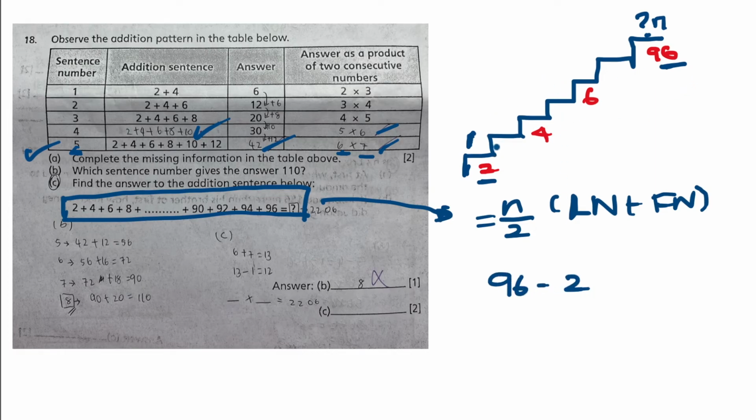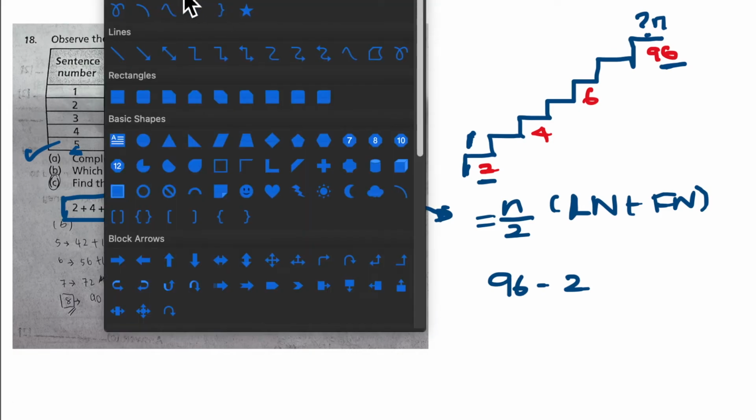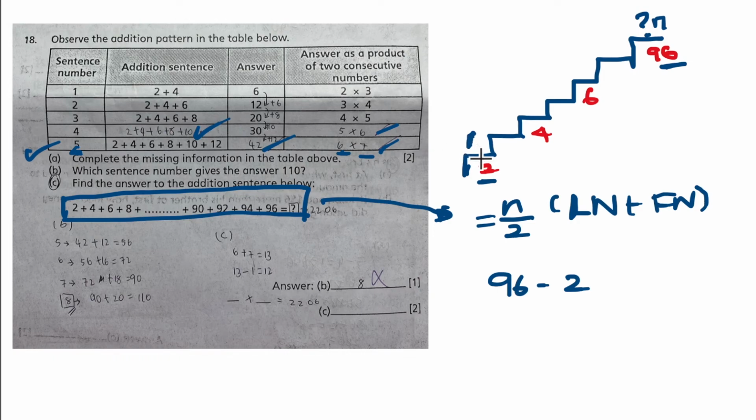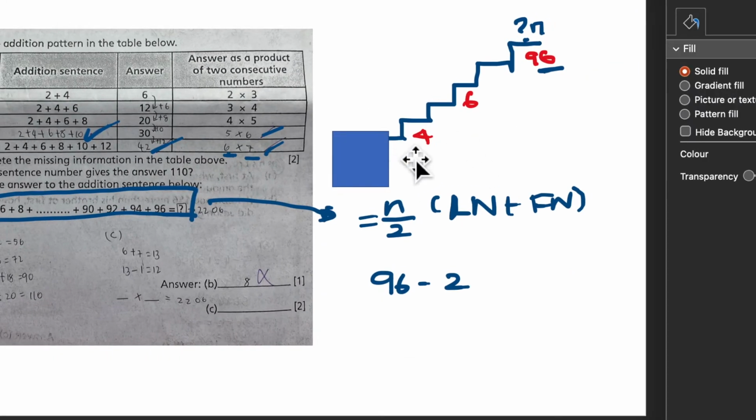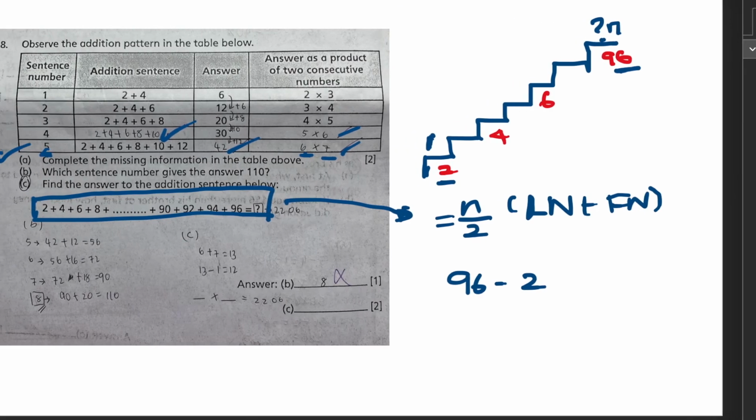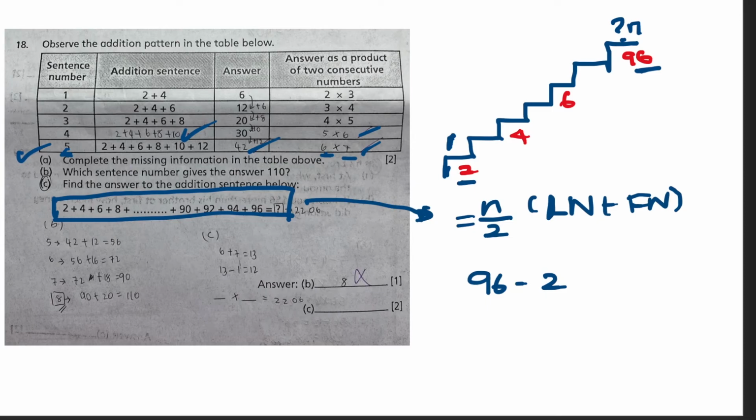When this one minus away this one, that means I cover away this thing here.